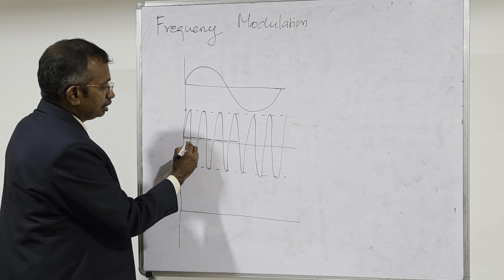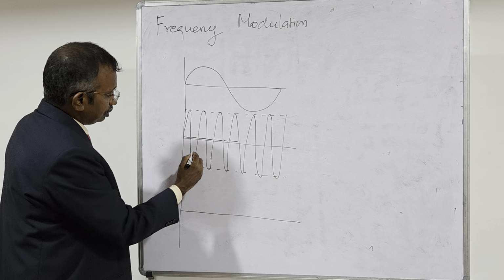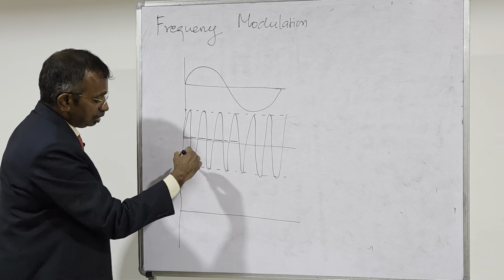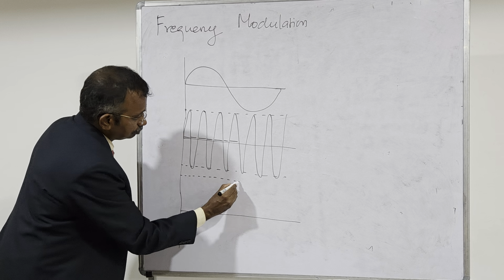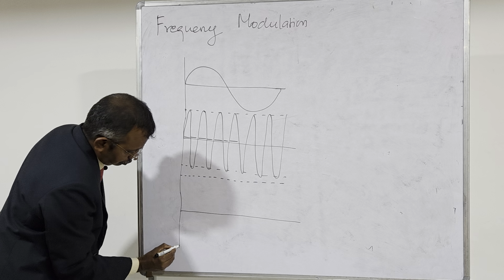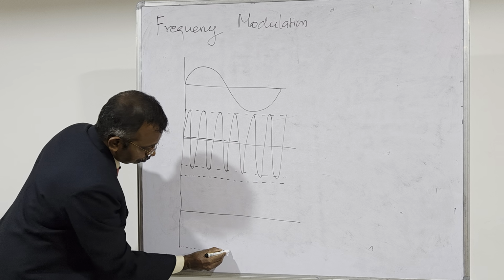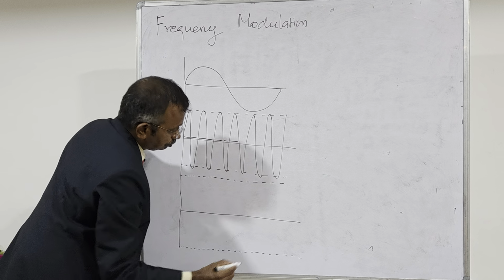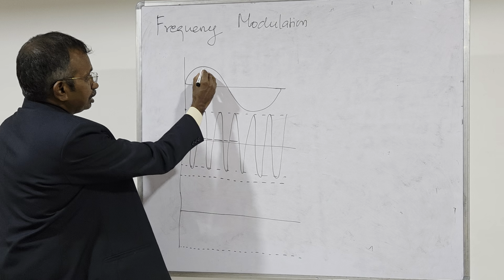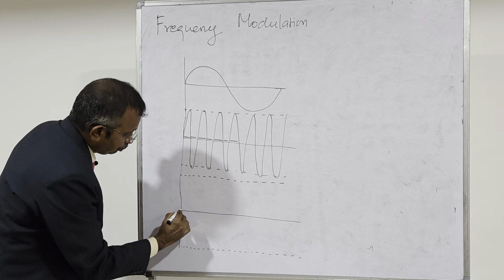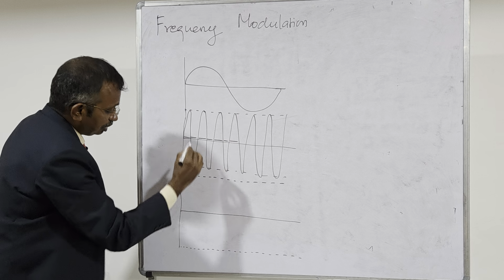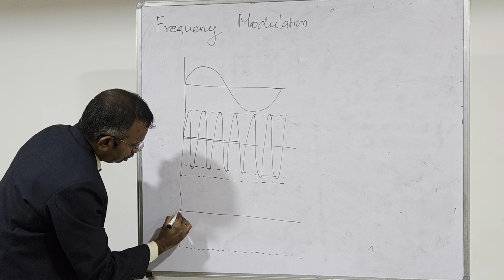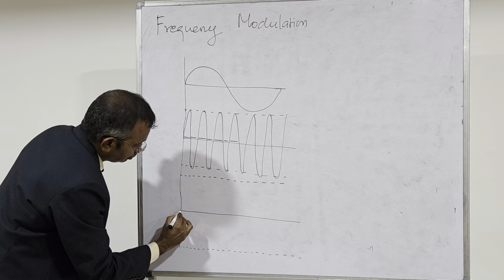Here you can take this as the given signal, then the corresponding FM signal will be like this. When the amplitude gradually increases, the deviation increases.